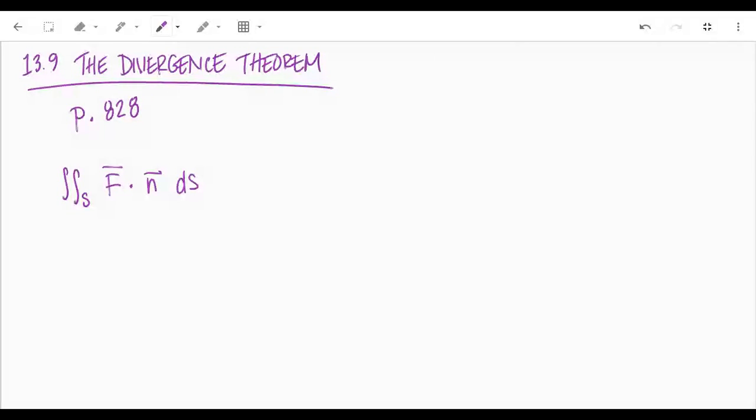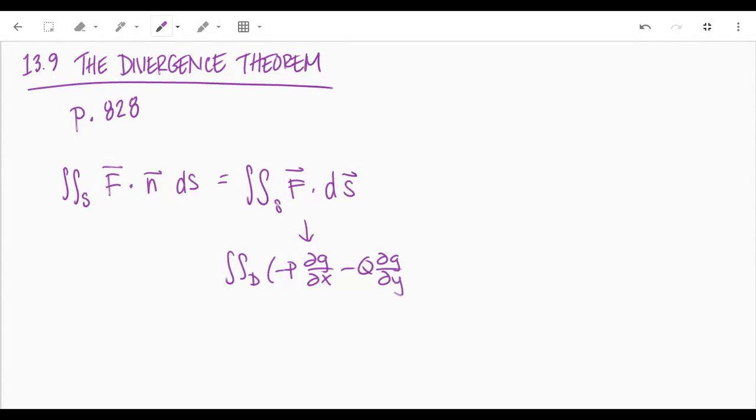And we said that's the same as this. Then, when we want to evaluate that, we do this. So there was a lot going on.